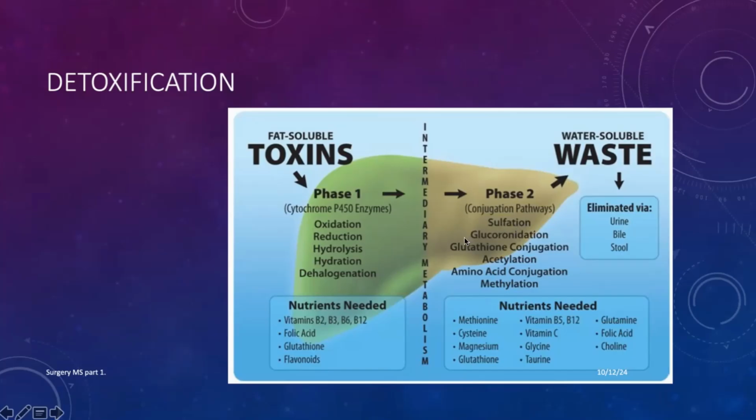You can have sulfations, glucuronidations, glutathione conjugations, acetylations, amino acid conjugations, or methylations. They are all excreted via urine, bile, or stools. Again, they also need these nutrients, vitamins and microminerals for the cofactor mechanisms. So that is another function of the liver.